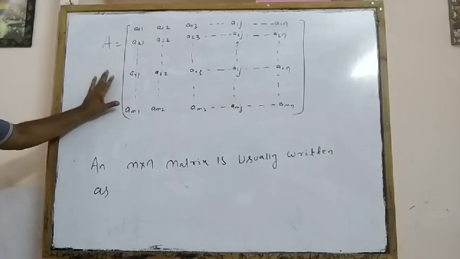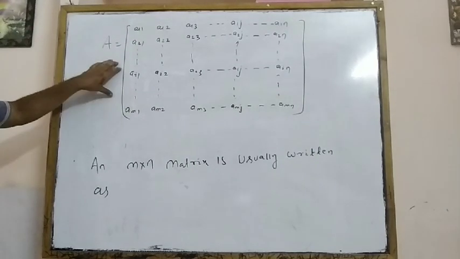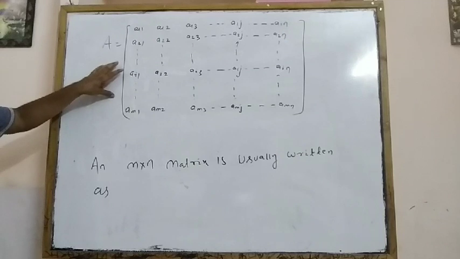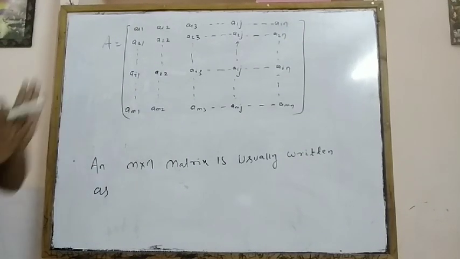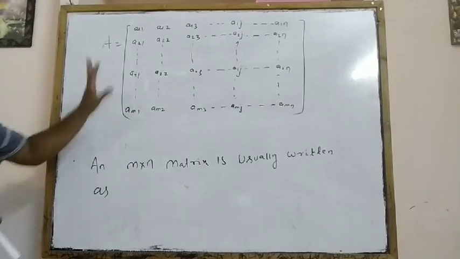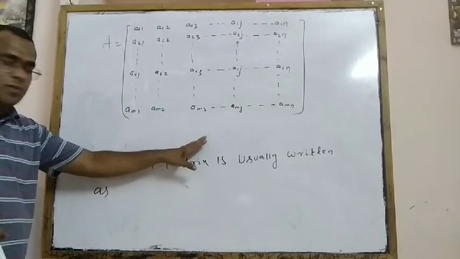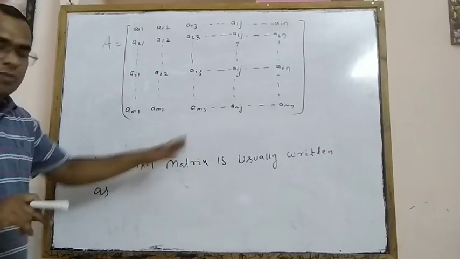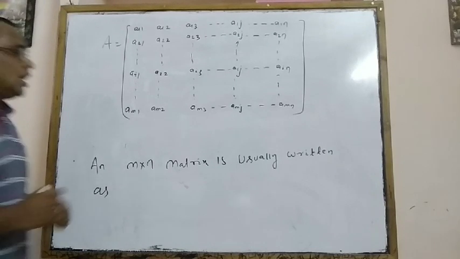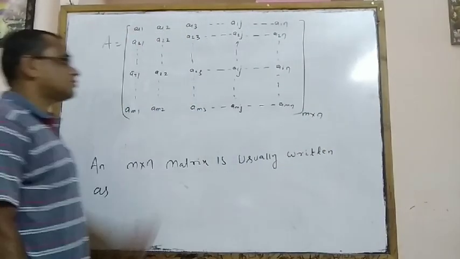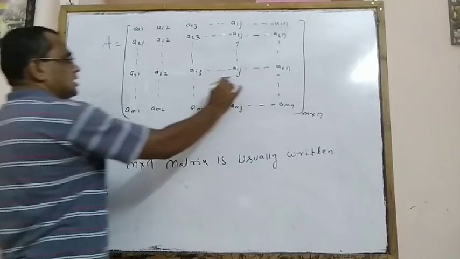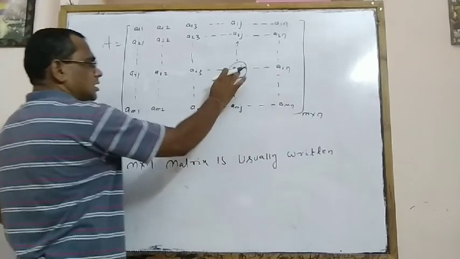So the matrix contains m rows and n columns, and the number of elements is equal to m into n, that is, the number of rows multiplied by the number of columns. The order is m cross n.